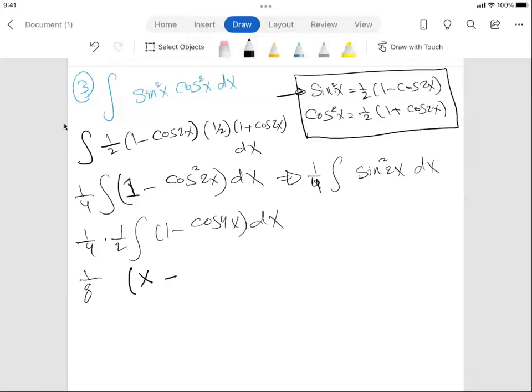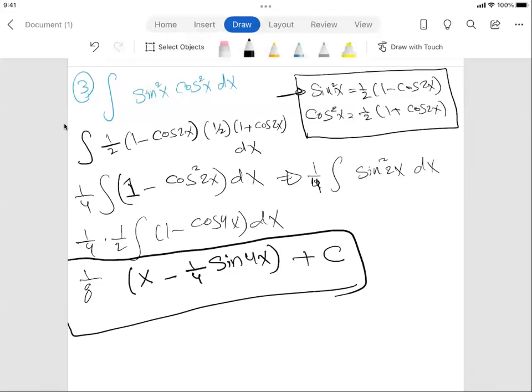Integral cosine fourth of x simply becomes 1/4. I need to substitute for the angle. Sine 4x plus c. So that is the final answer.